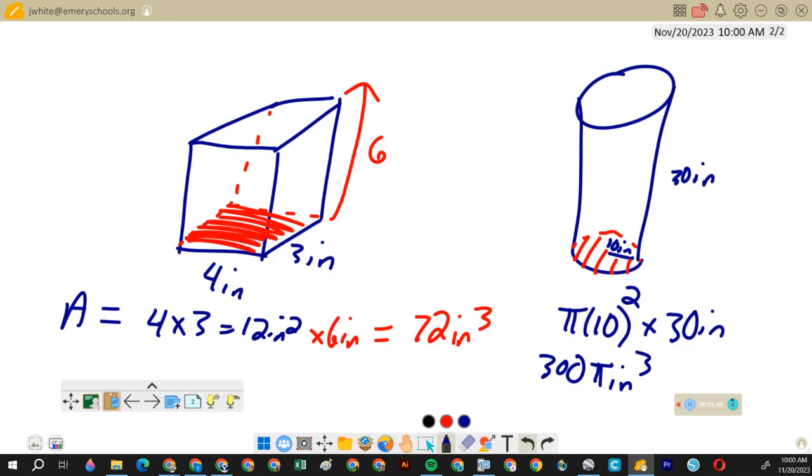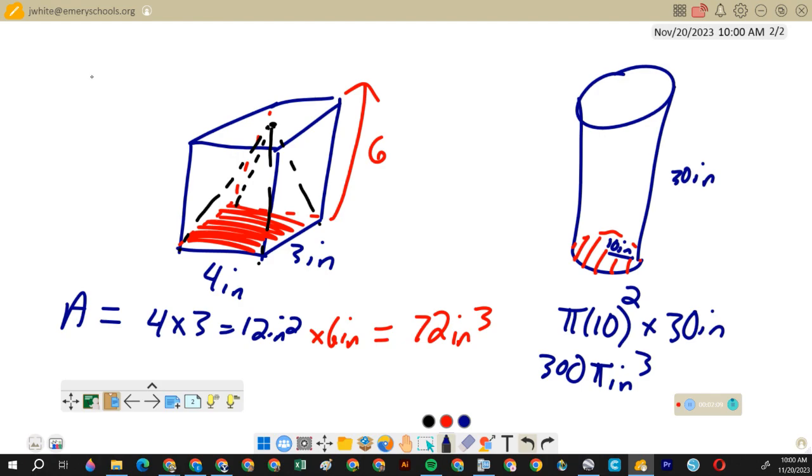Okay. Now, what if we had a pyramid? So if I put a point directly in the middle of this, and I have this pyramid inside there, do you remember what the volume of that is?